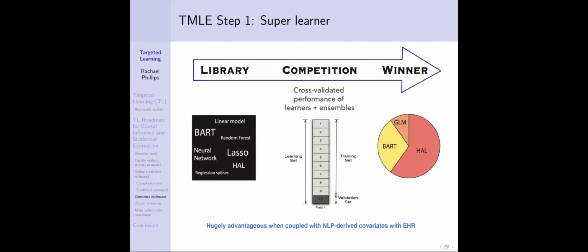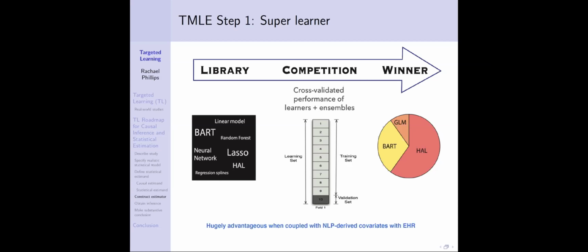So TMLE step one is the superlearner. What the superlearner does is it's an a priori specified and data adaptive estimator that involves specification of a library of algorithms that can range from very simple, like a simple parametric model, to highly complex, like a neural network.